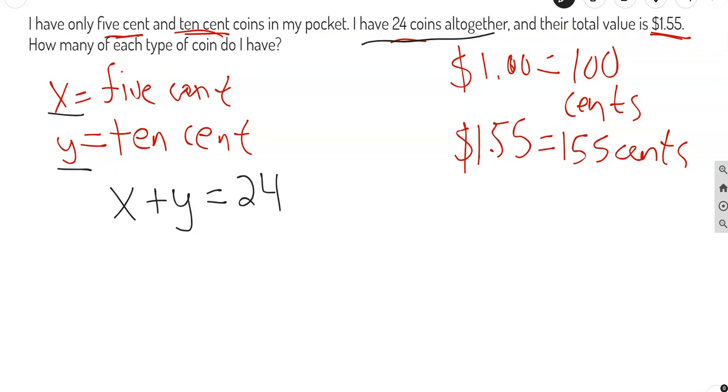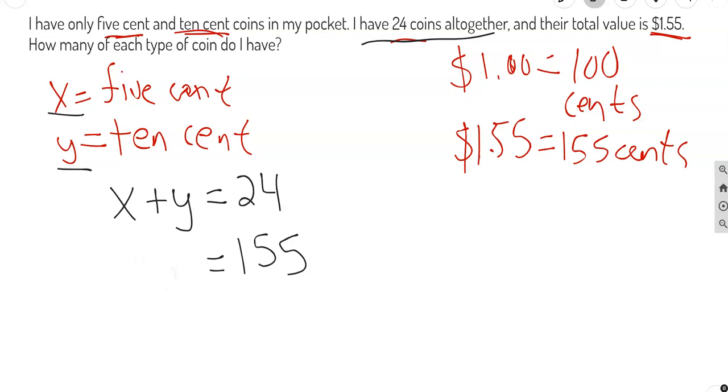The second one is their total value is $1.55. So we know that when they're added together, they're going to equal 155. Now we can do the x coins plus the y coins equals 155, but the x and the y coins, they have values, and those values are going to be the coefficients next to the x and next to the y.